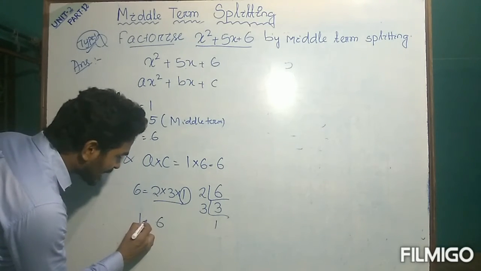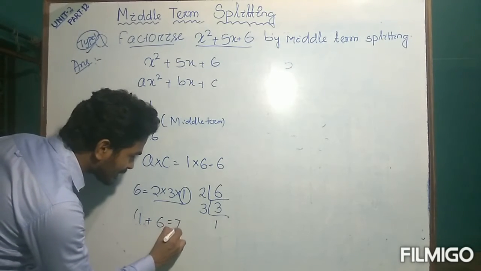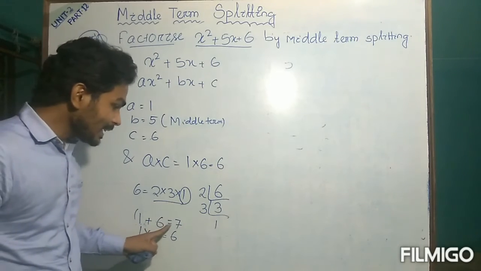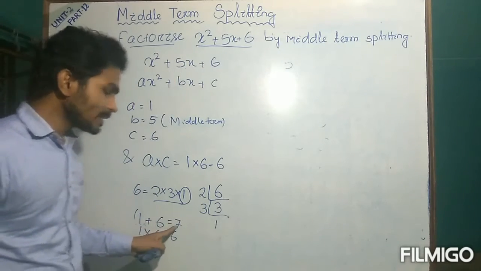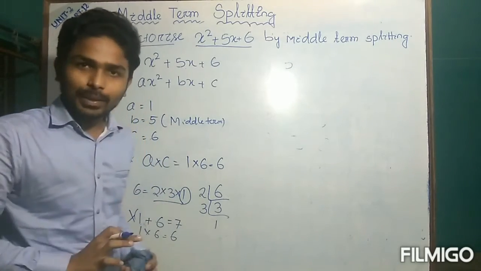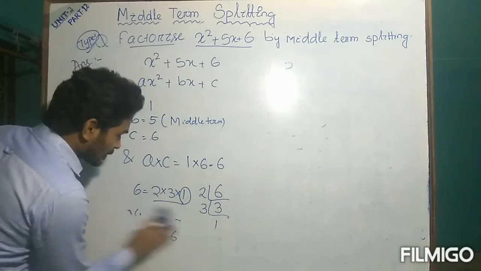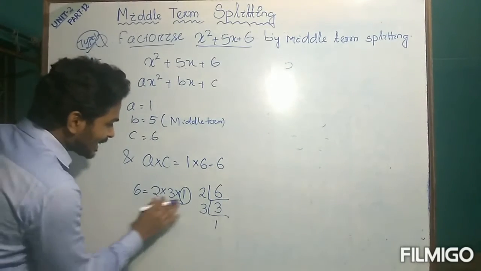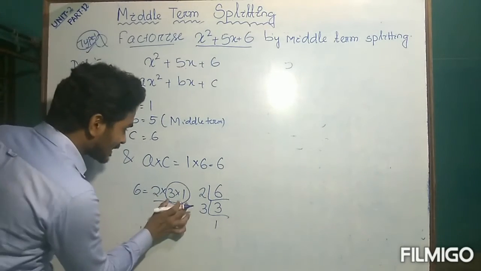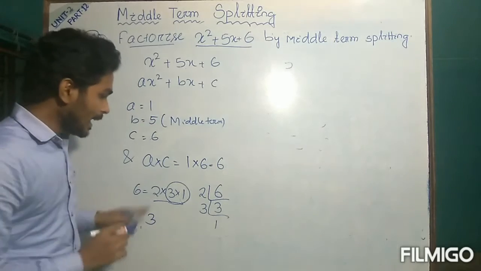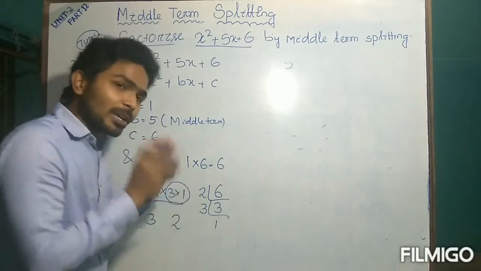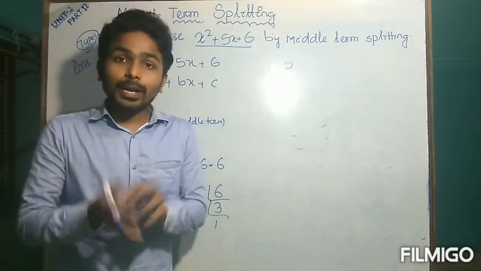If we add them, it will give 7, and if we multiply them, it will give 6. But we need 5, and it gives 7, so it is impossible. So we cannot take 1 as a number. Now suppose I am taking this as a pair: 3 into 1 is 3, and the remaining part is 2. Among all these 3 numbers, you have to choose any 2 numbers or a pair.